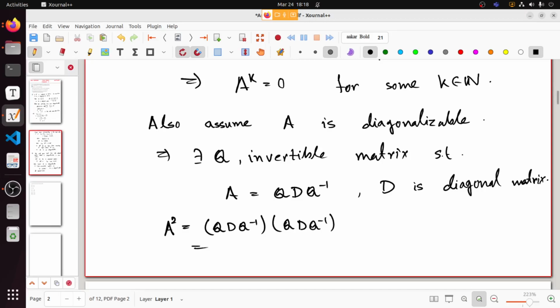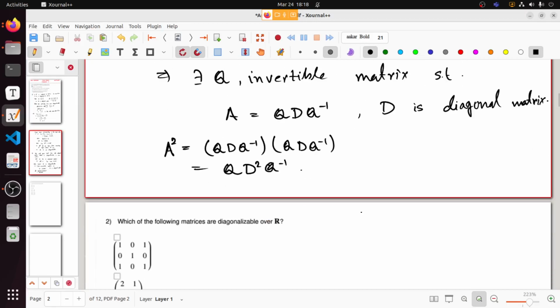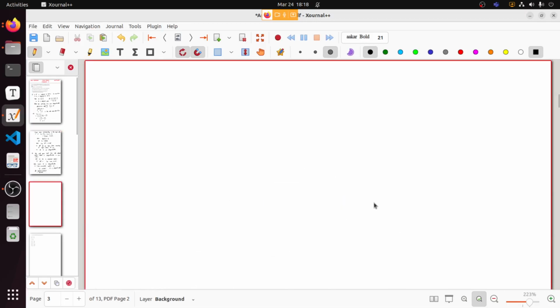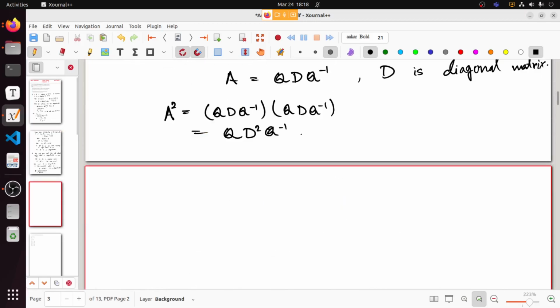By associativity, the Q inverse and Q will cancel, so you will get Q D squared Q inverse. By induction you can prove that A to the power k will be Q D to the power k Q inverse.